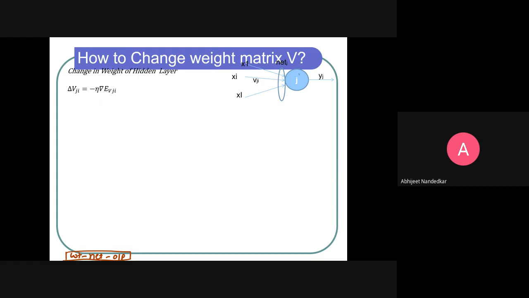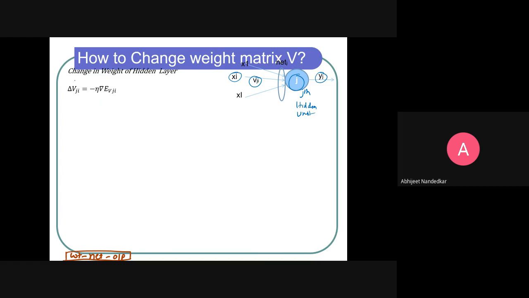Now this is suppose some jth hidden unit. So the associated weight for some ith input is Vji. Output is Yj, input is Xi. Now we are going to follow exactly the same steps, not a single change.